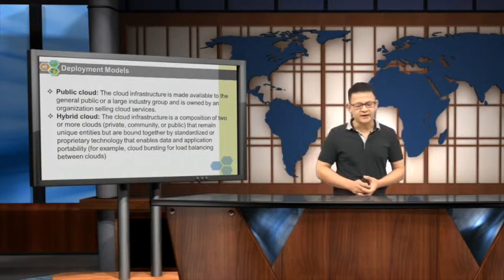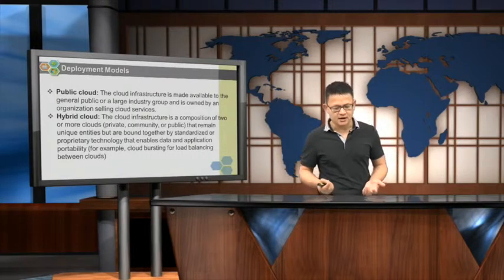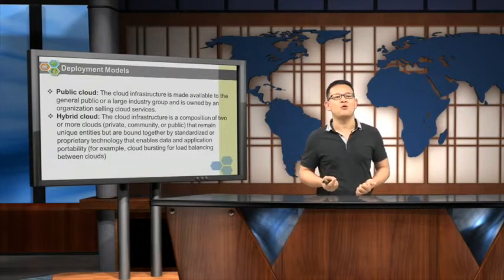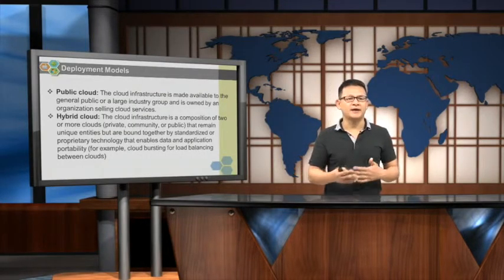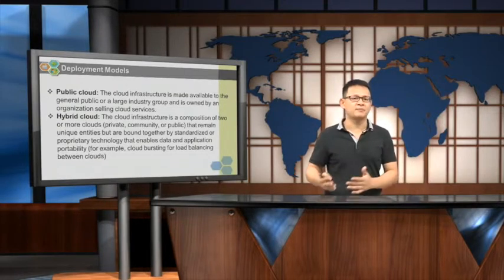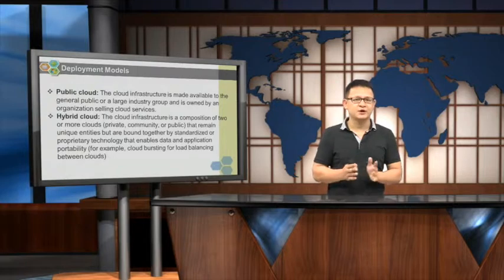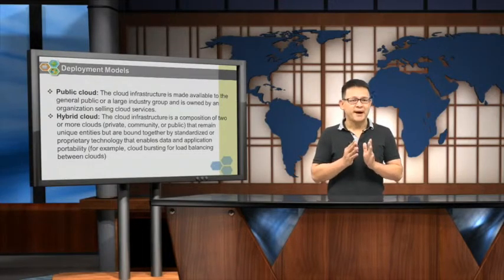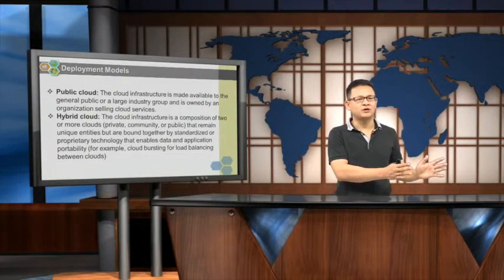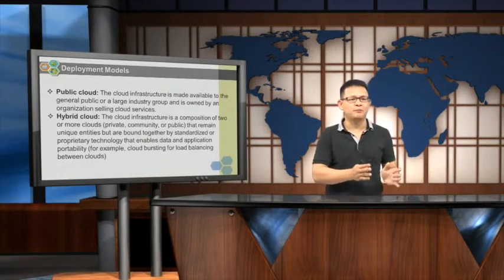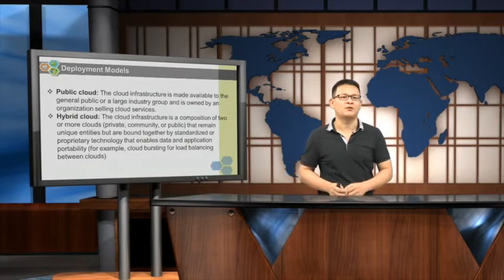And finally, we have the hybrid cloud deployment model. It's some kind of combination of the private and the public. It's a composition where you can choose which part can be deployed on the private cloud and which part can be deployed on the public cloud.